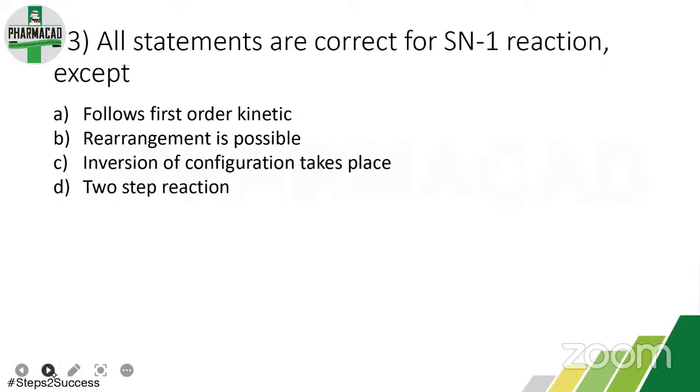Next question. All statements are correct for SN1 reaction except. So here we have to find out the incorrect statement. Okay. Now what is SN1? SN stands for nucleophilic substitution reaction.